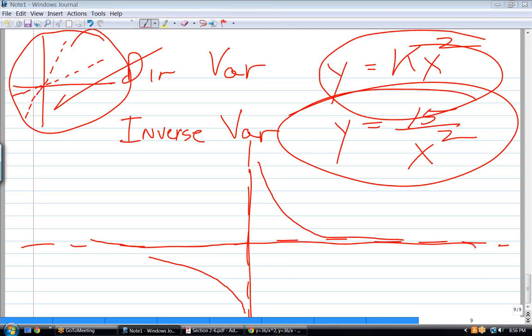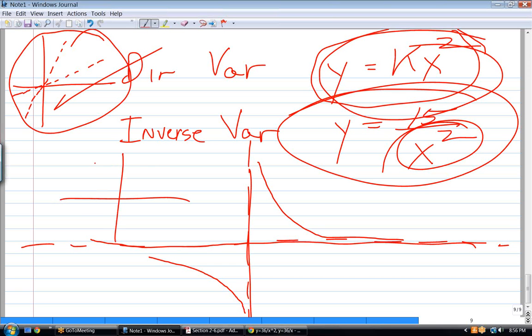So I know you can have inverse variation with a square in the bottom, and I'm 95% sure that you can have direct variation with a square in the top, which would mean it wouldn't be a straight line. If I had y equal kx squared, it would look like this. It would look like a parabola. And that could still be direct variation.